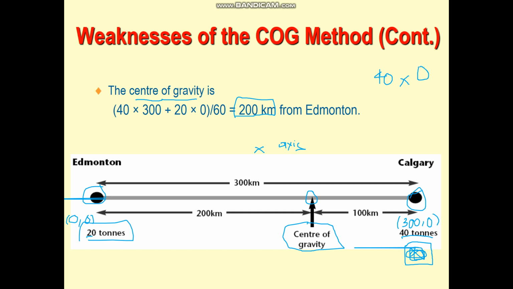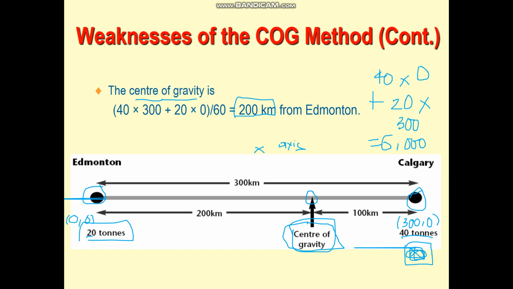So I have 40 times zero plus 20 times 300. So the total distance I have to travel to deliver those demands is 6,000 km, right? 6,000 km.